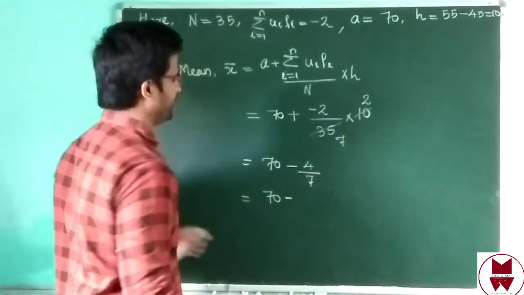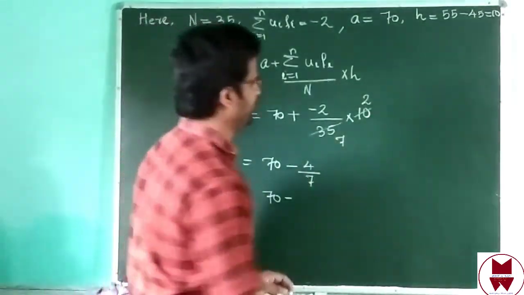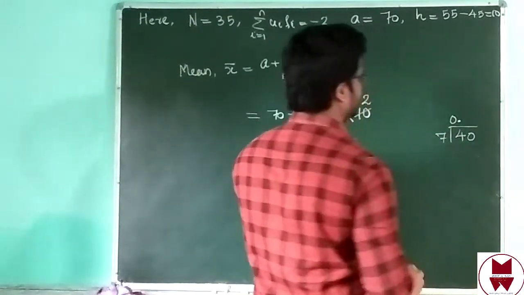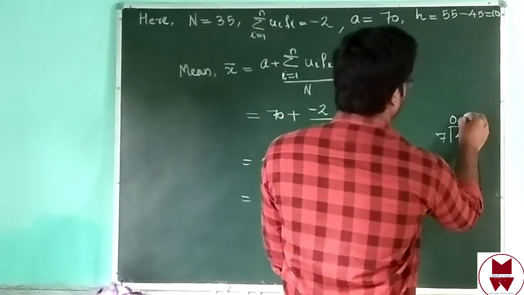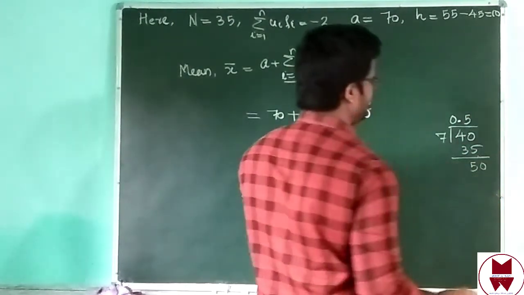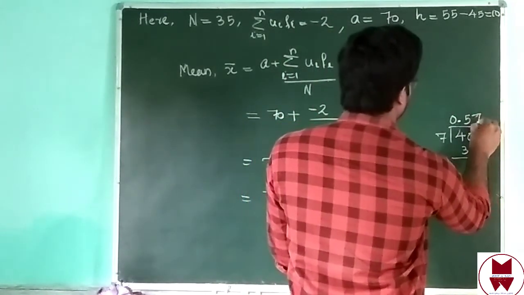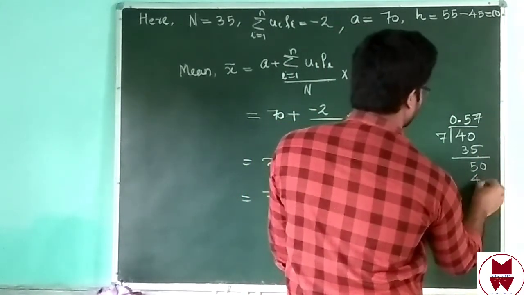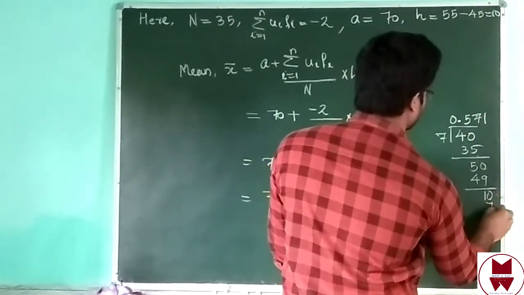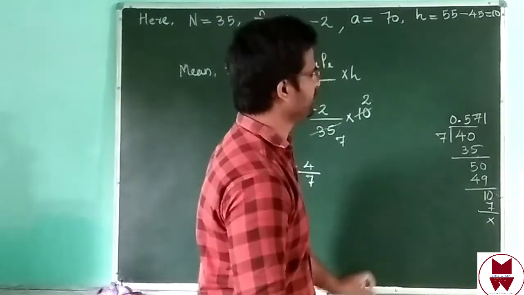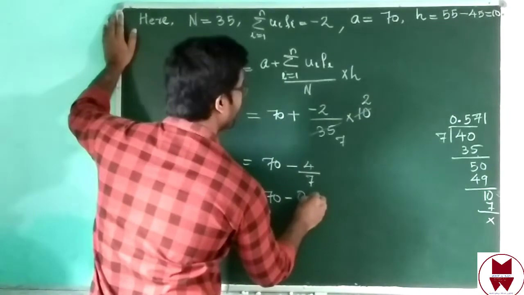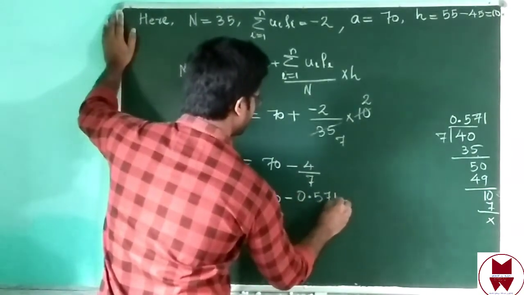70 minus 4 divided by 7. 4 divided by 7: in 40, 5 times 35. Then 5, 0. In 50, 7 times 49. Then 1, 1, 0, 7. After the point, only find out 3 numbers. 0.571.